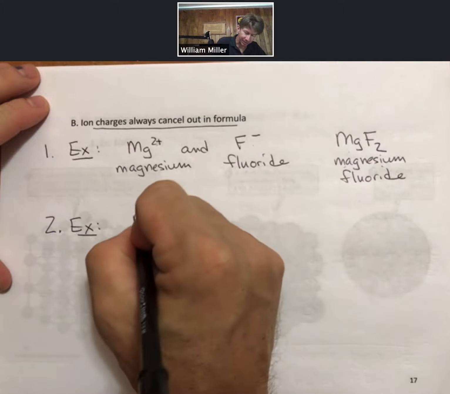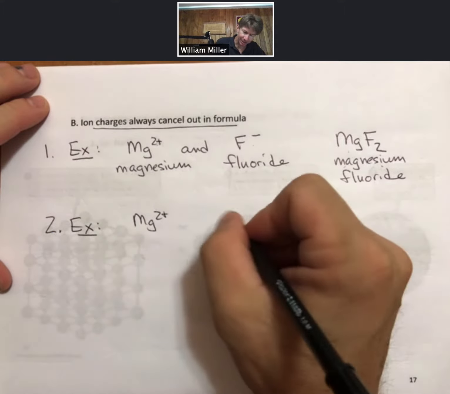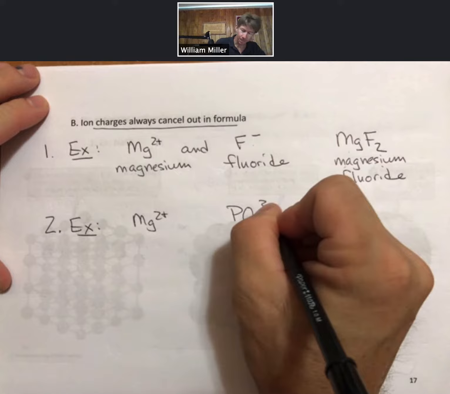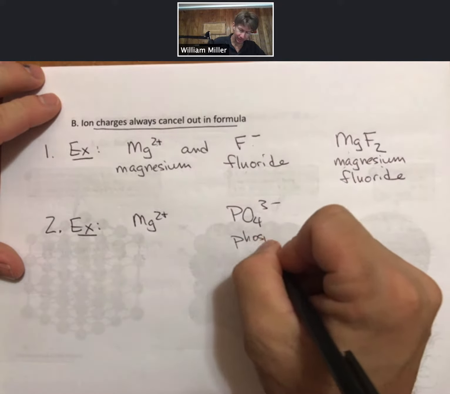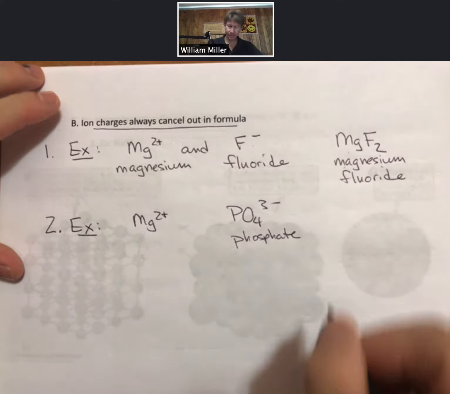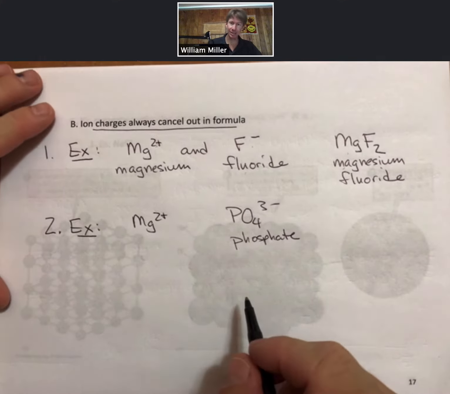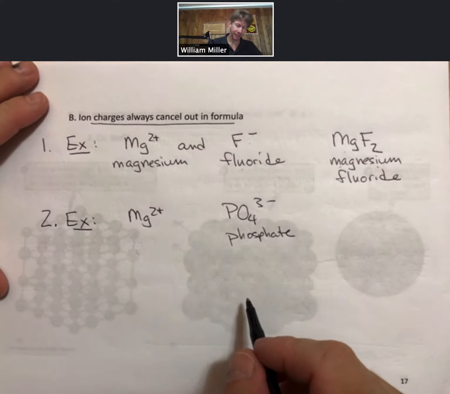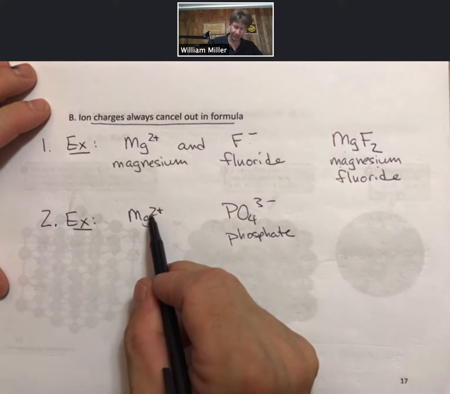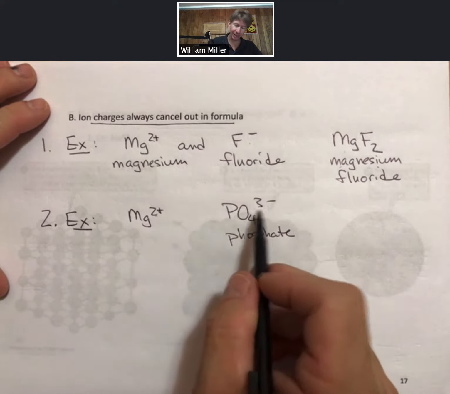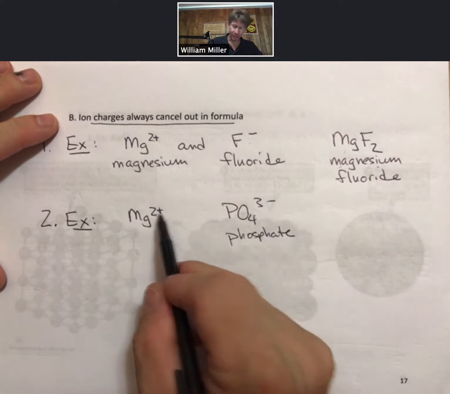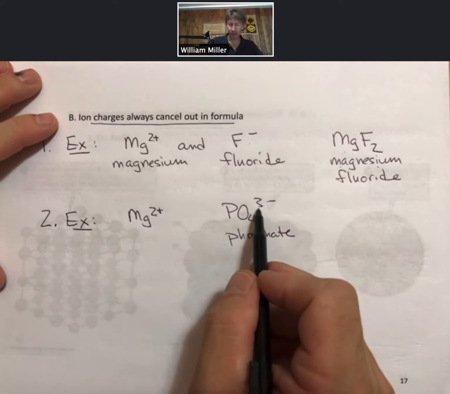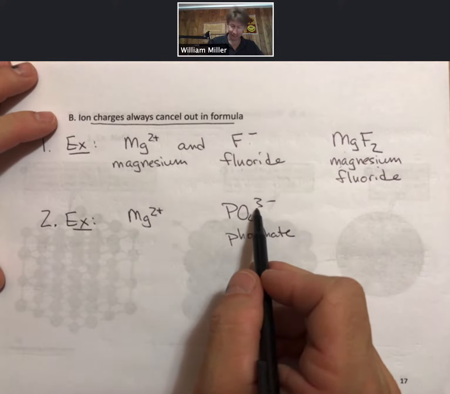Let's again look at magnesium ion, and this time we'll pair it with phosphate. Again, we're going to have to find some way to make the positives and the negatives cancel out. You can see that both of these numbers are factors in the number 6.